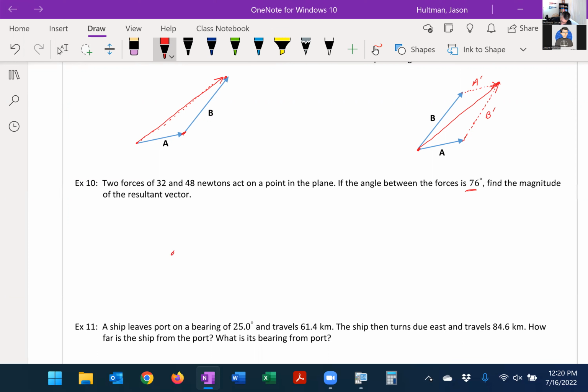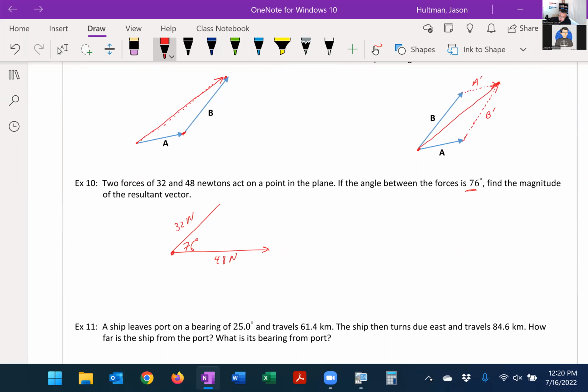So we have a point here and we have a 76-degree angle. Okay, and we have a couple of vectors. One's being acted on by 48 newtons, and one's being acted on by 32 newtons.